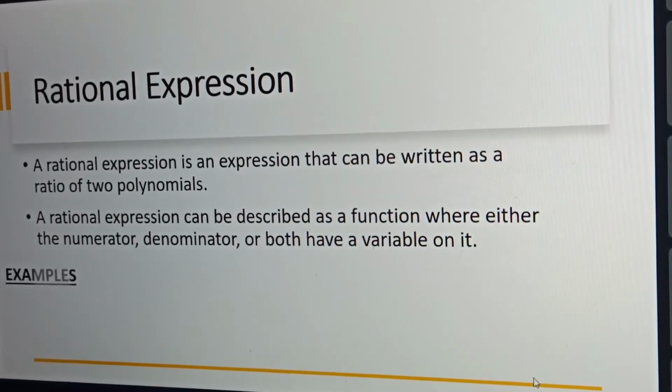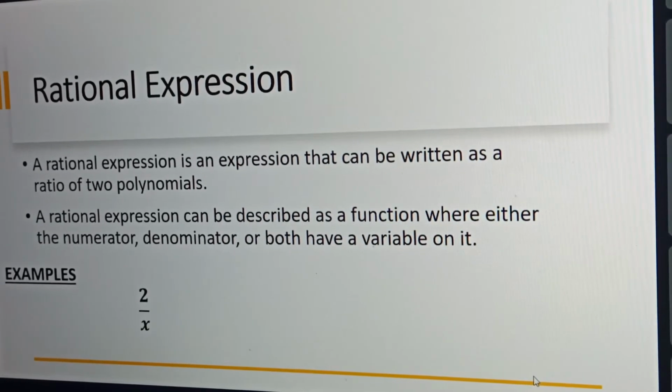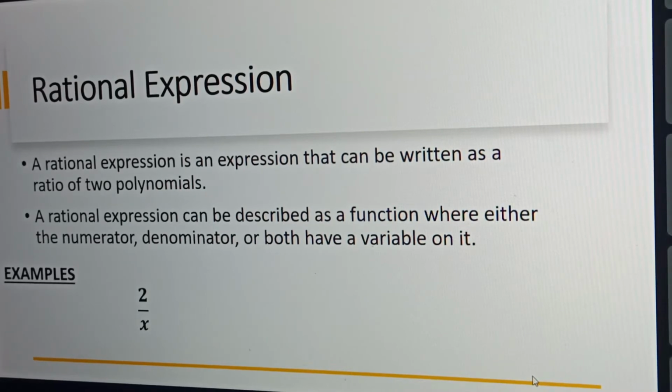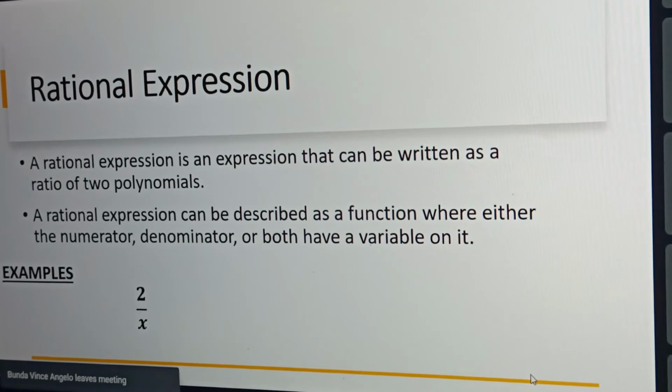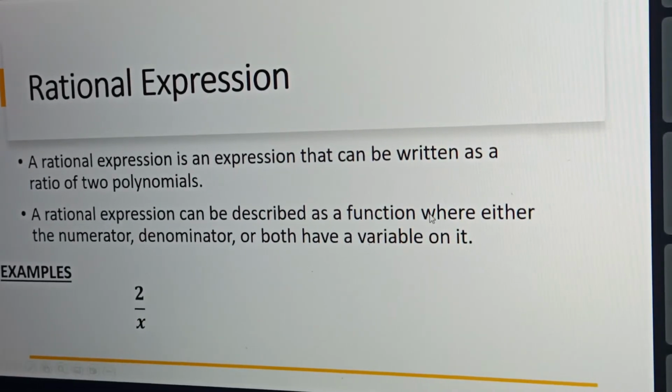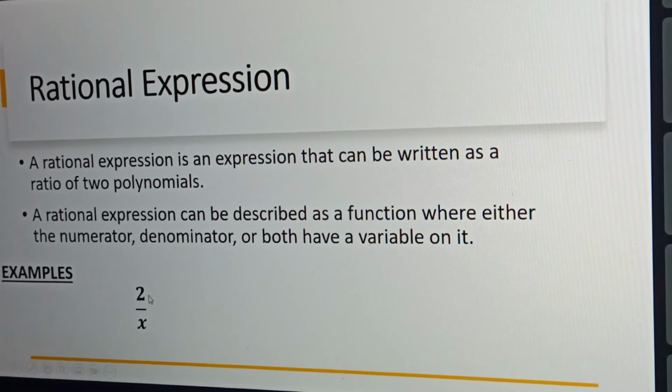Okay, so ano nga ba yung mga example ng ating rational expression? So we have here 2 over x. Bakit siya naging rational expression? Because it is written as a ratio of two polynomials. So itong 2, this is an example of monomial term and also x. Kapag sinabi natin monomial, ibig sabihin 1 term, means 1 mono.